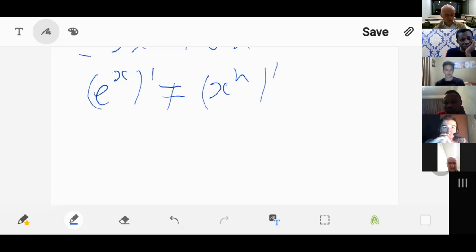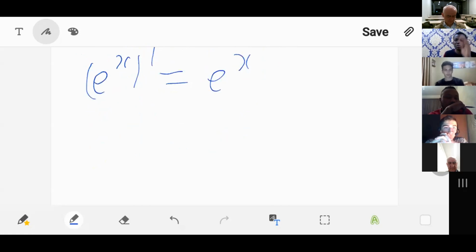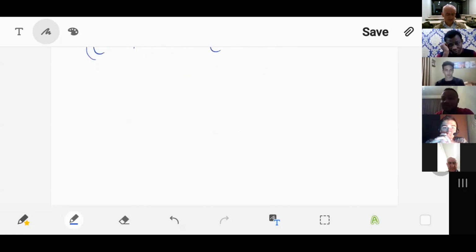The derivative of e to power x is the same, again e to power x.